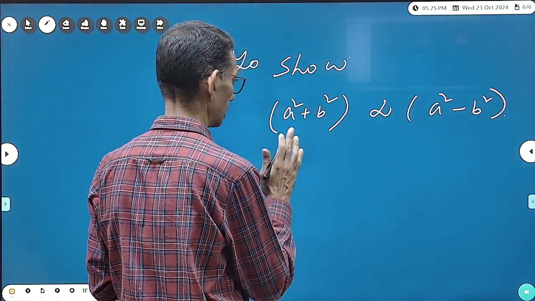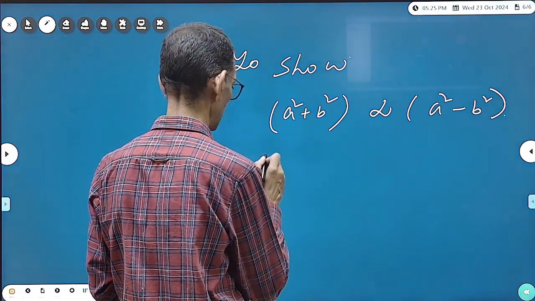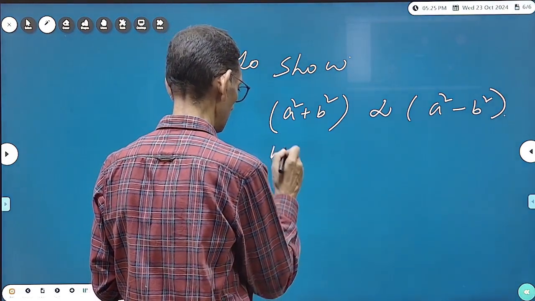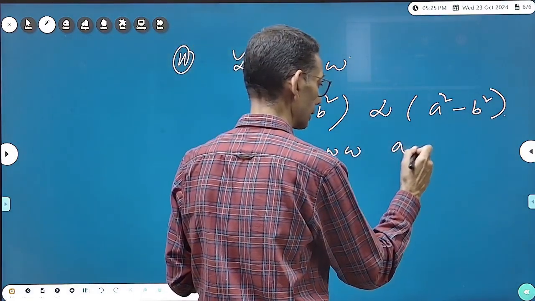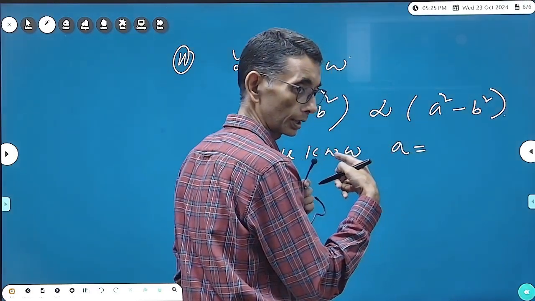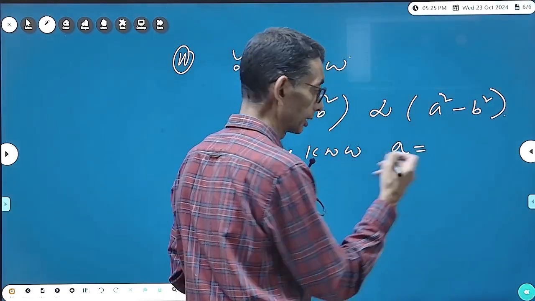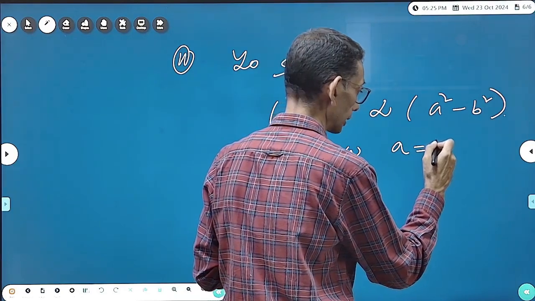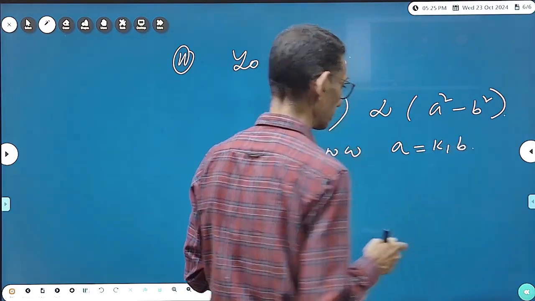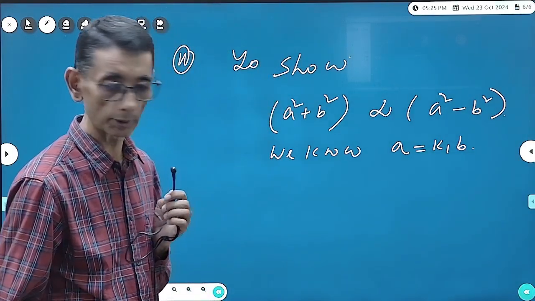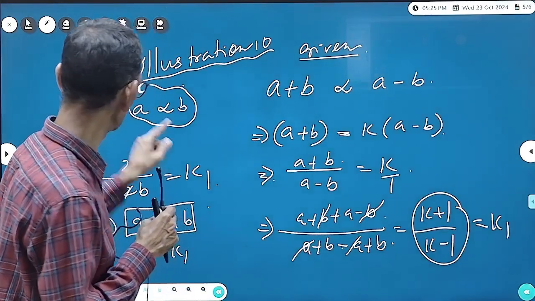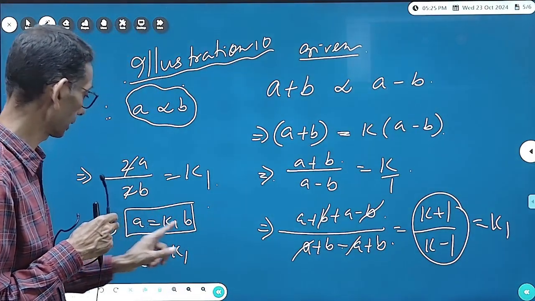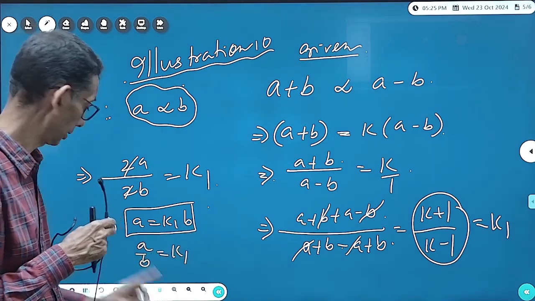Look. We know a is directly proportional to b, a is equal to k1 b. We got that just now. You are going to use that.